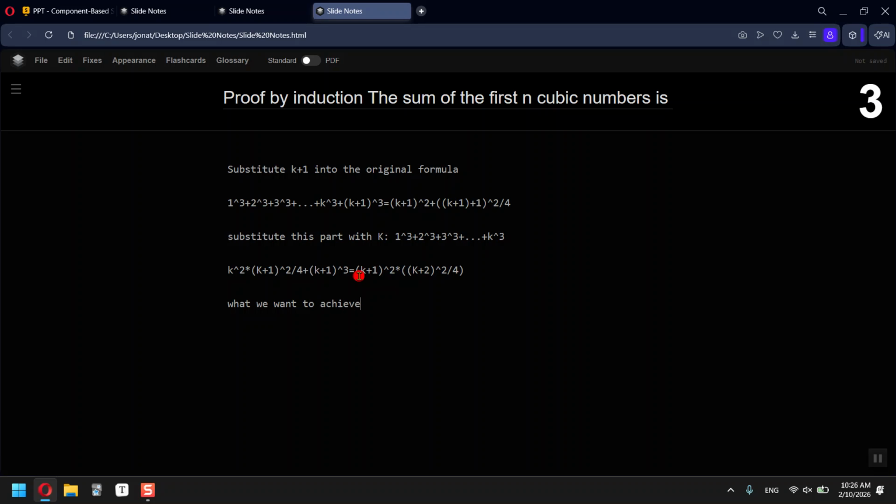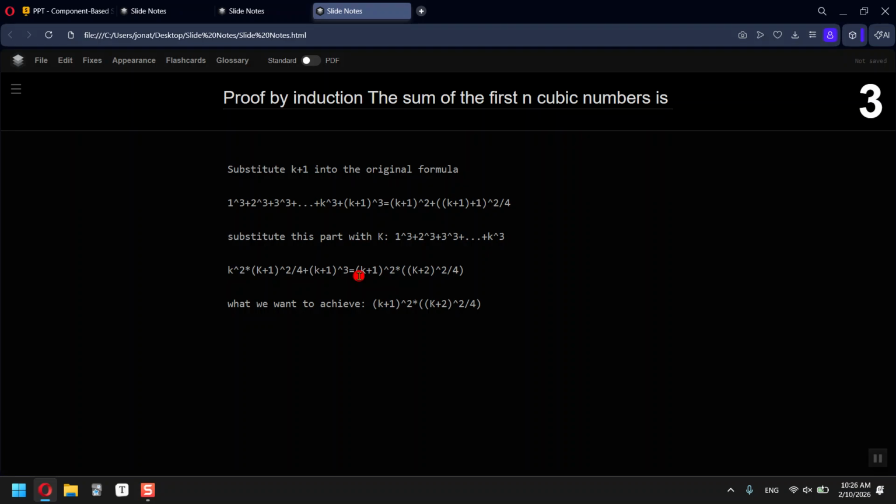A bit cleaner over here. So we have k squared times k plus 1 squared divided by 4 plus k plus 1 to the power of 3. Okay. So right off the bat, you can see that we want to multiply by k plus 1 squared.